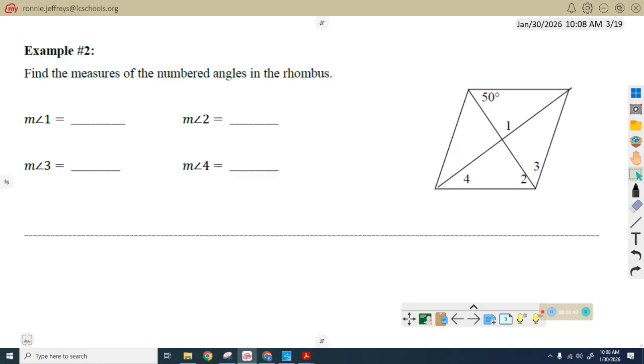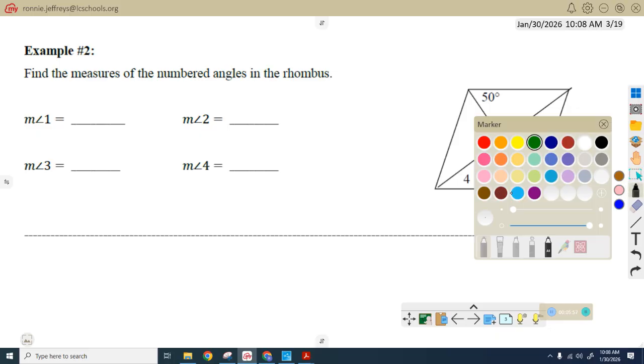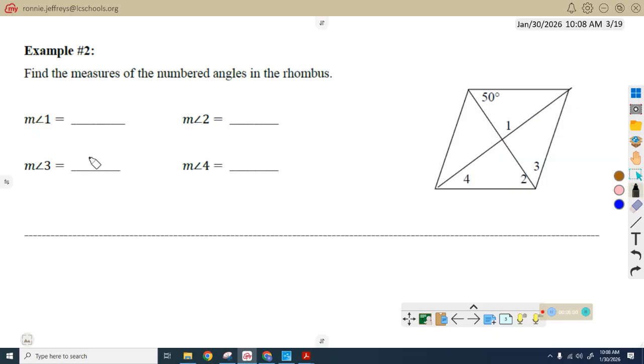Actually, yeah. And what is 3? Yep. How do you know that? We had just went over that these angles are congruent and they're bisected, so that also means that angle 2 is the same.